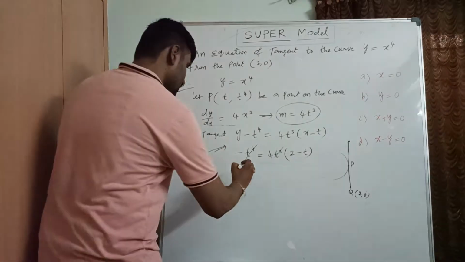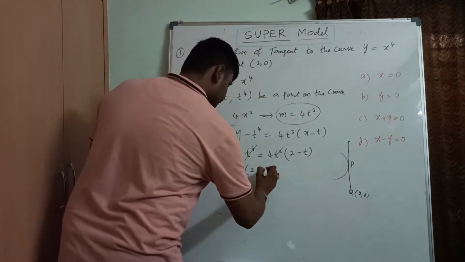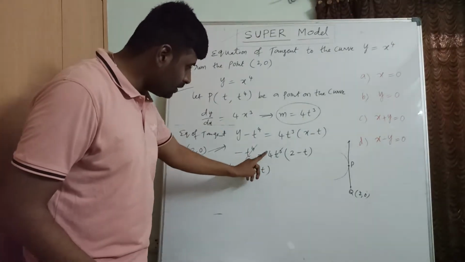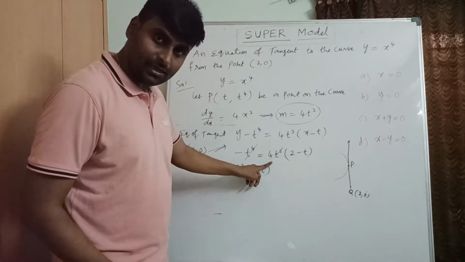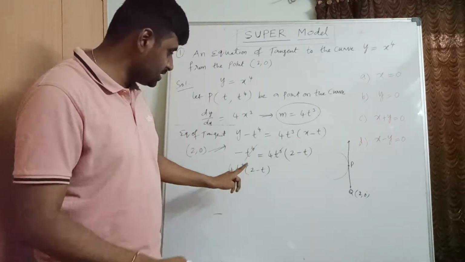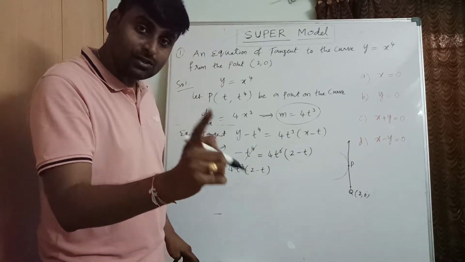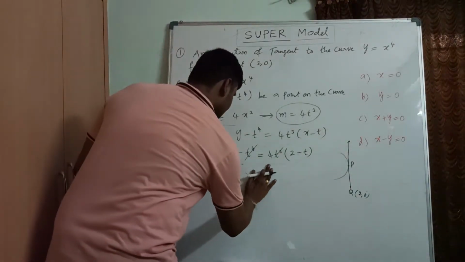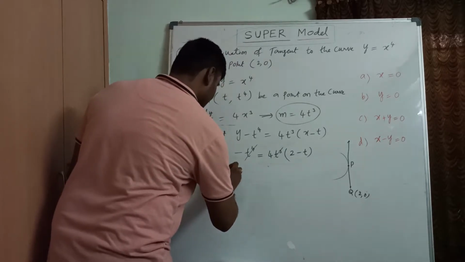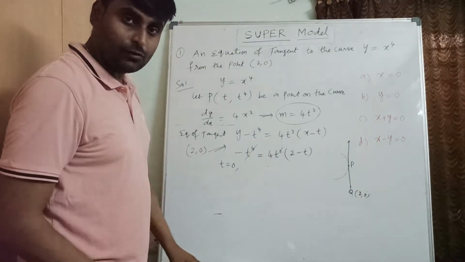If you put t equals 0, the left side is 0 and the right side is also 0. So t equals 0 we should take. After that we can cancel and go for finding the other value of t.